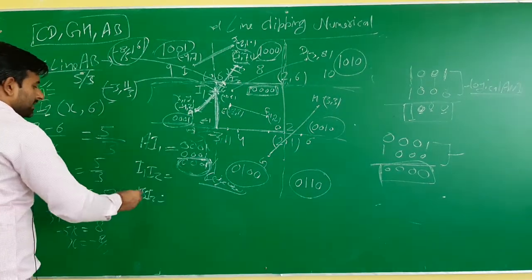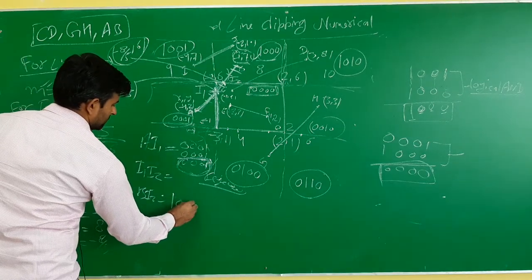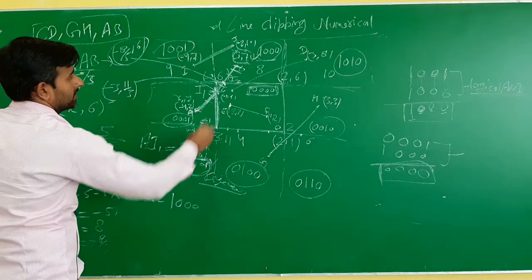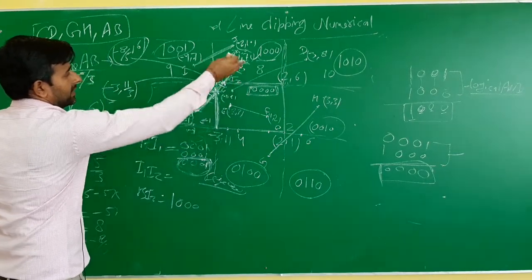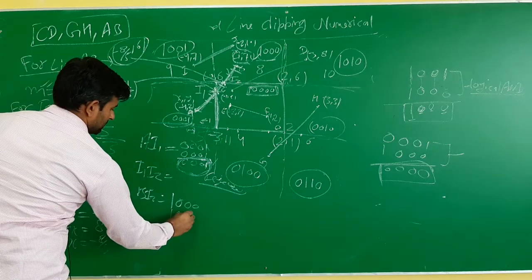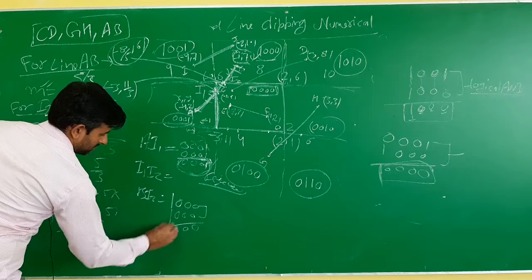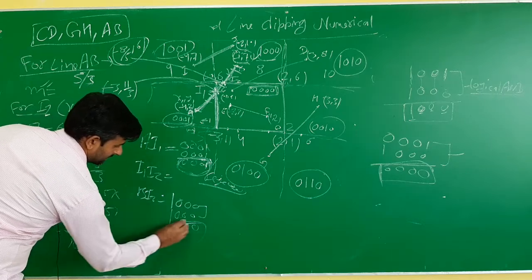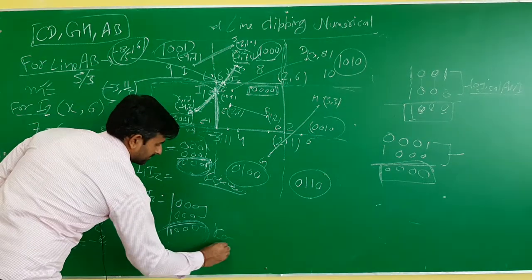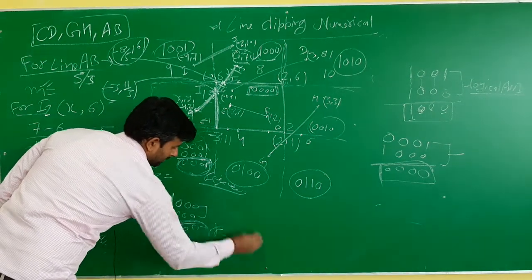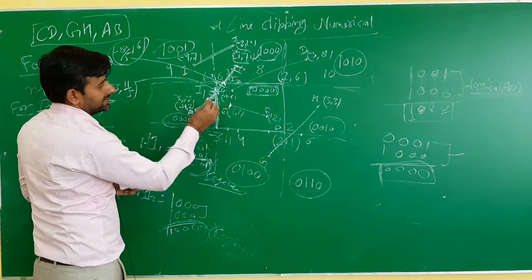Clear? Same like B I2. B has the region code 1000. This line lies outside the window, and I2 has the same 1000. The logical AND will be 1000. Again this is non-zero, that is rejected, outside the window. For I1 I2, let's check.